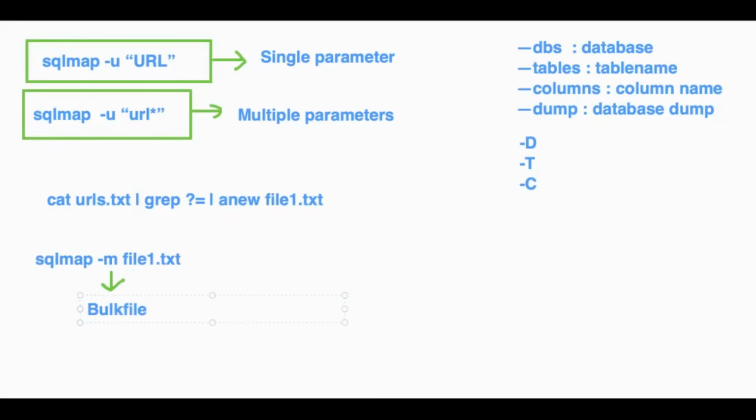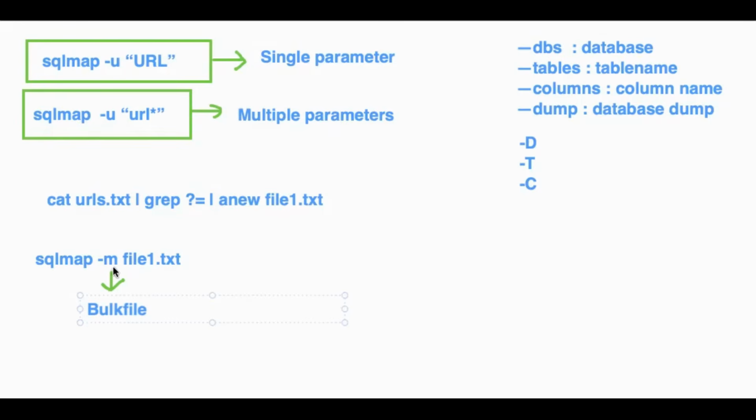If you have multiple parameters in your URL, just open the text file and manually insert the custom injection marker, basically star, into those URLs. So SQLMap will understand where you want to inject your SQL statements, without any errors. So SQLMap will analyze those URLs based on your selected area.